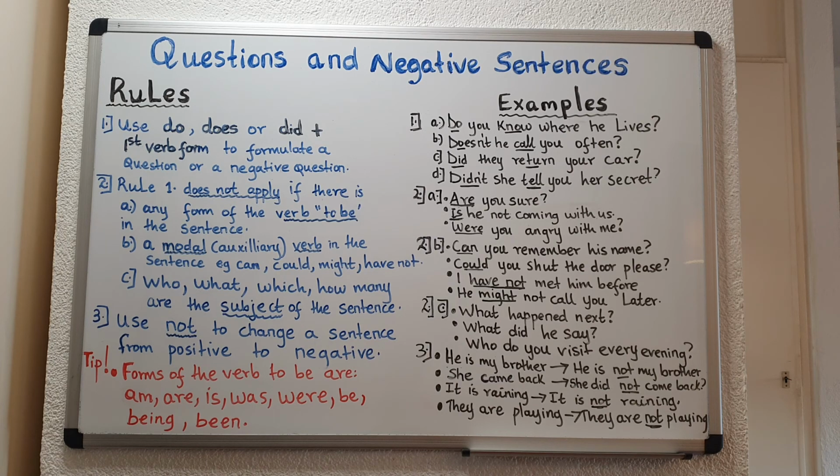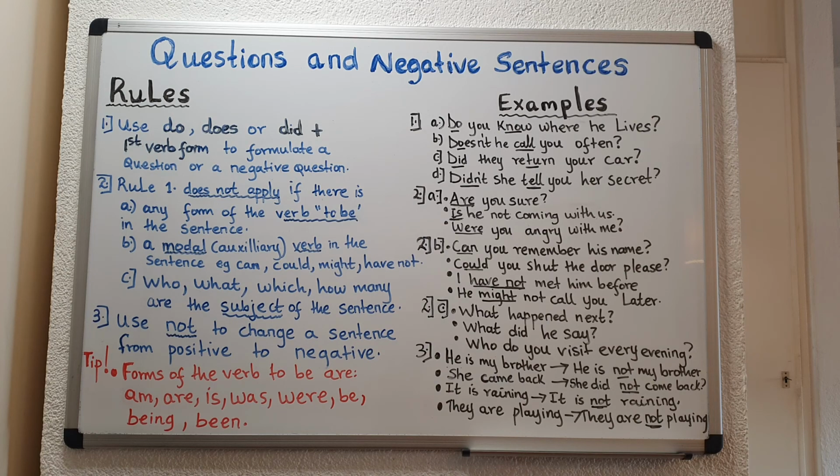Doesn't he call you often? The next one, did they return your car? I'll change that to a negative question. Did they not return your car? And then 1D is already negative. Didn't she tell you her secret?